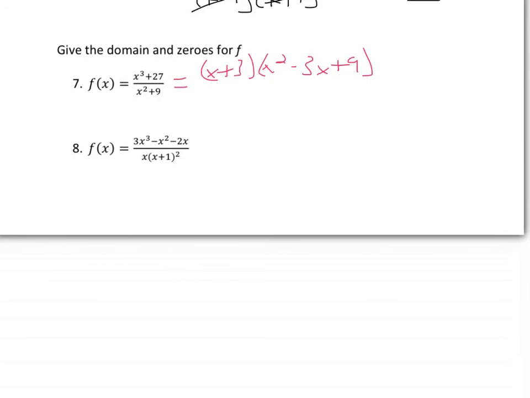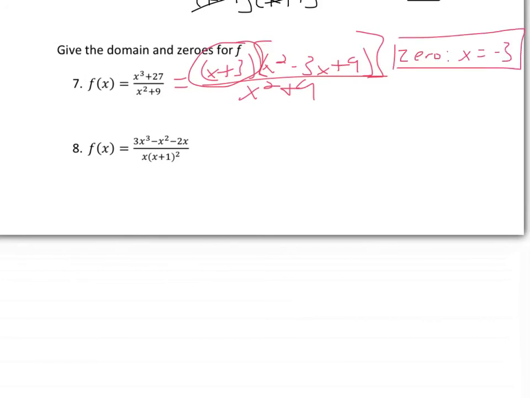Which continues to factor, right? And the bottom doesn't factor at all. But this, we can continue to factor. I'm sorry, actually you can't factor the second trinomial here because it's prime, so it's never going to be equal to 0. So in order to get the zeros for the top, it's only going to be this one that we have to worry about. So the only zero is x equals negative 3.